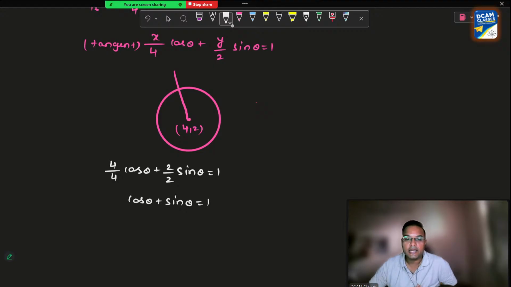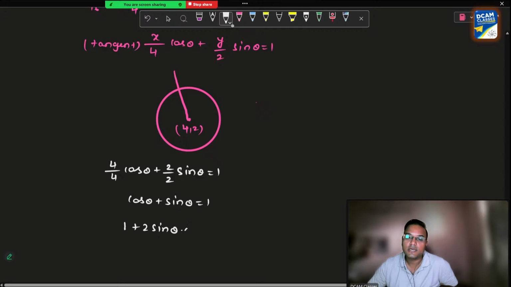Now you can either multiply root 2 on both numerator and denominator, or you can square both sides. It will become 1 plus 2 sin theta cos theta is equal to 1. So sin 2 theta will be equal to 0.